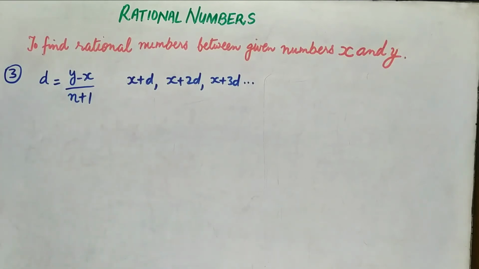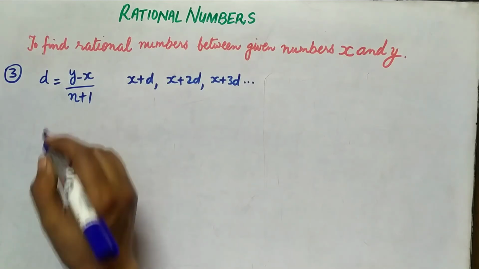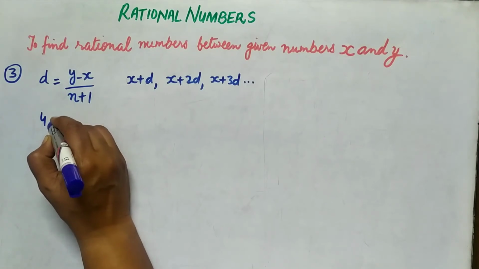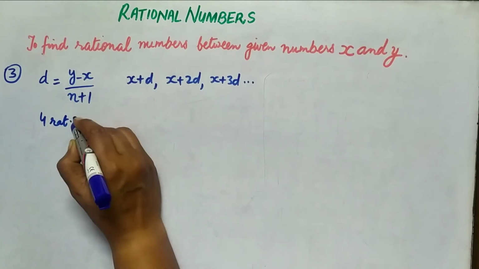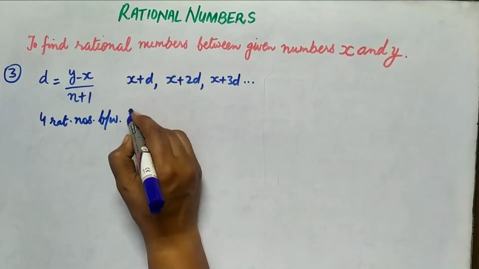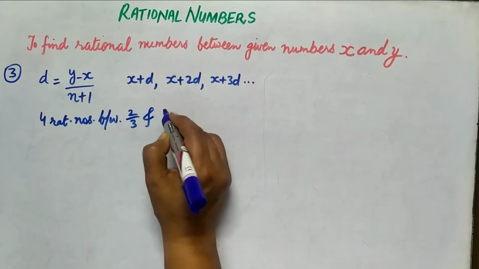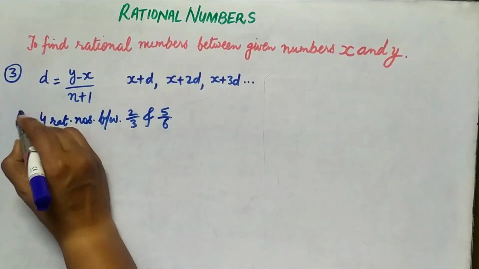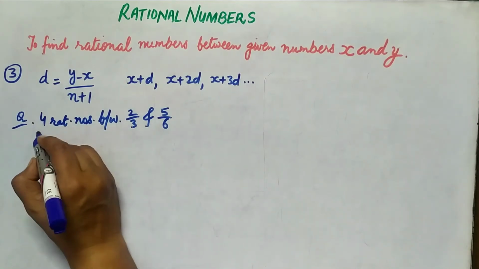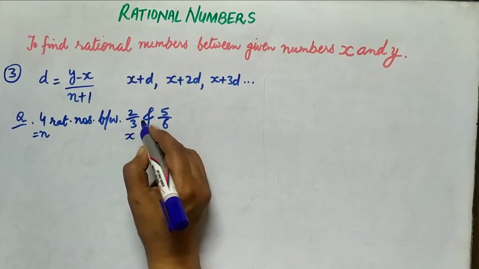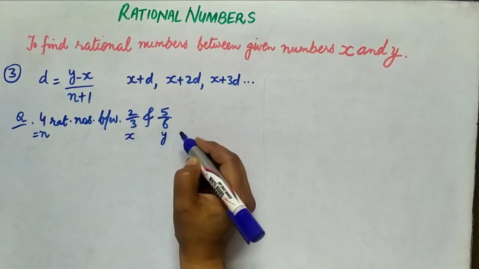Let us check out with the help of the example. Question is, we have to find 4 rational numbers between 2 by 3 and 5 by 6. This is our question. 4 is n. This is x, the first number, and y, the second number.